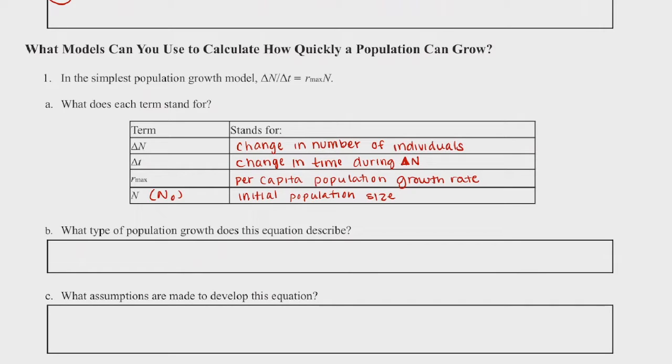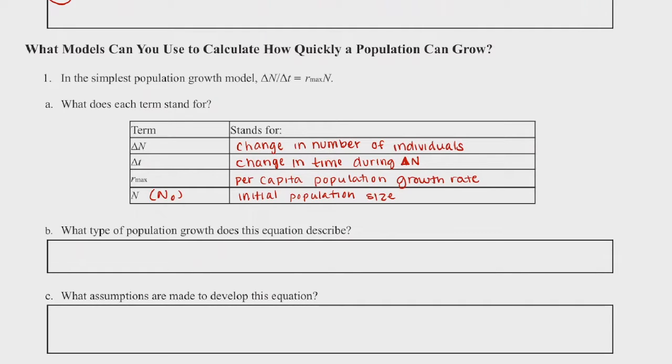So then answering B, what type of population growth does this equation describe? As you can see here, all we're seeing is the number of individuals, the time it takes, the growth rate, and what the population size was initially. So we're not seeing extinction rate, we're not seeing immigration, nor emigration.